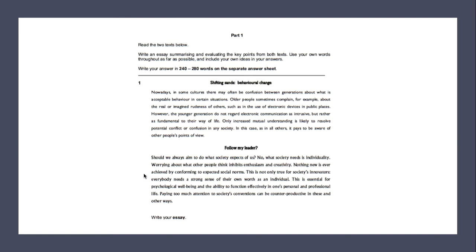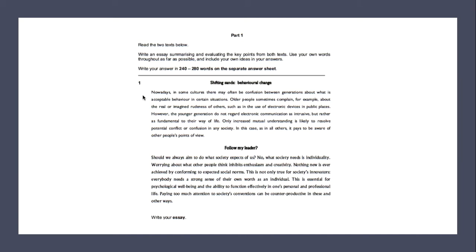But the task here also involves paraphrasing. That is, being able to use your own words. Too much lifting, that is, too much copying directly from the original text, will reduce the points attributed to your writing.